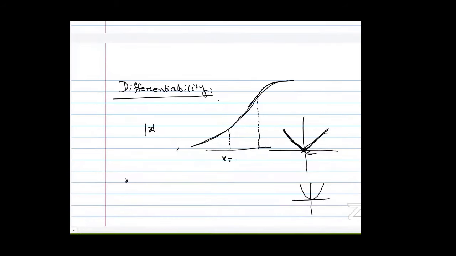Suppose this is x equal to a, and I am taking some change in this interval, so this is x equal to a plus h. So how does the functional value change? Here it is f of a, and at this point it is f of a plus h, right?